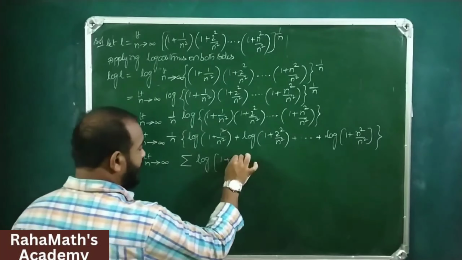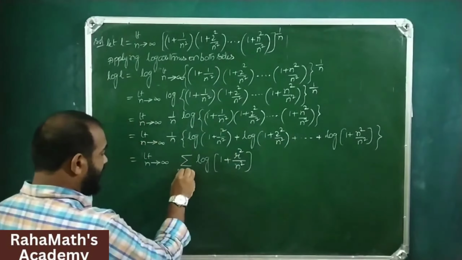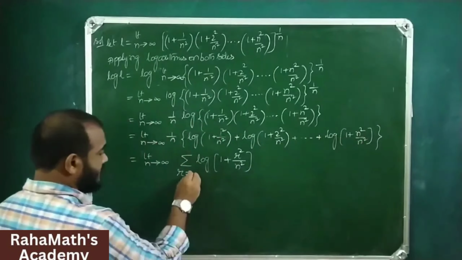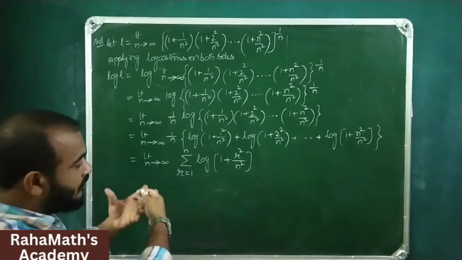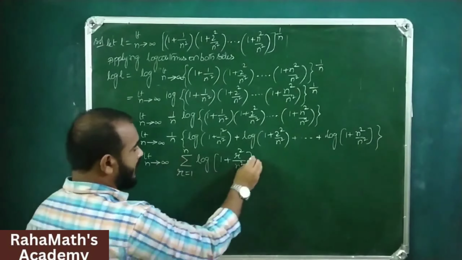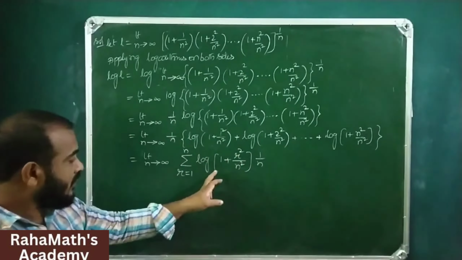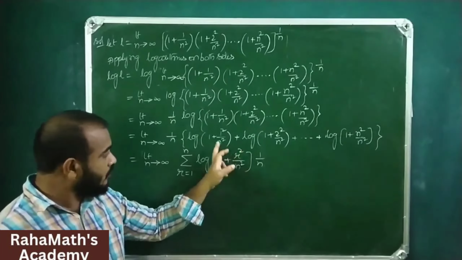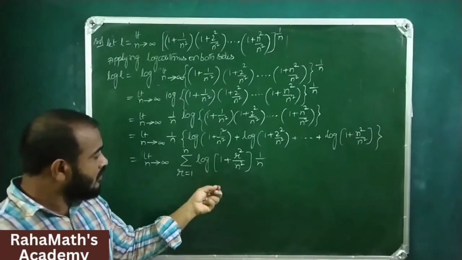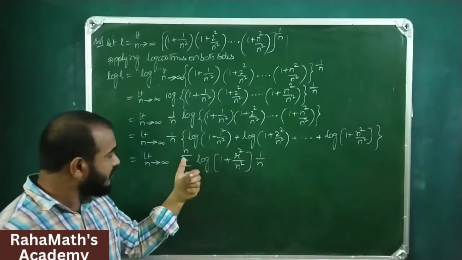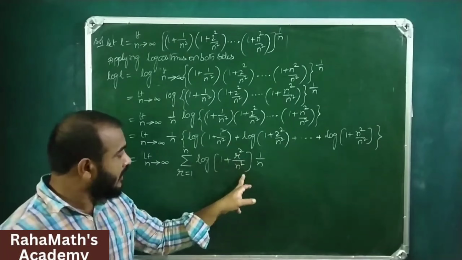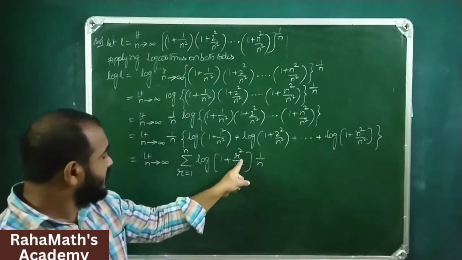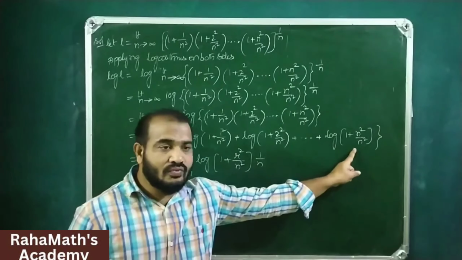This can be replaced as r², where r starts from 1 and ends at n, with 1/n outside. You can check it: give r equals 1 and substitute 1² by n², then r equals 2, since sigma is the summation, plus 2² by n², and it goes on until r is n, giving n² by n².